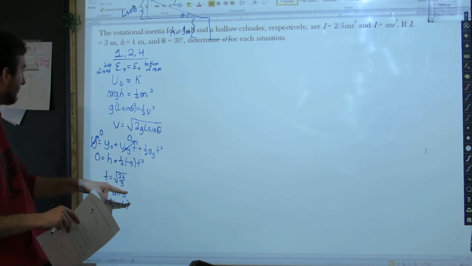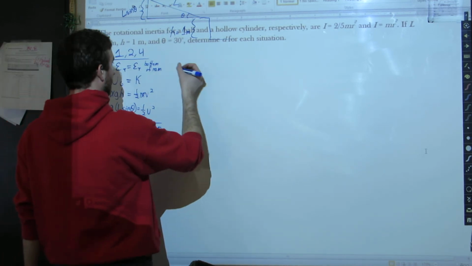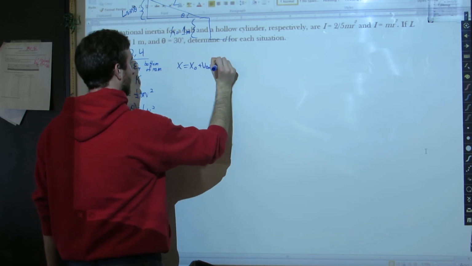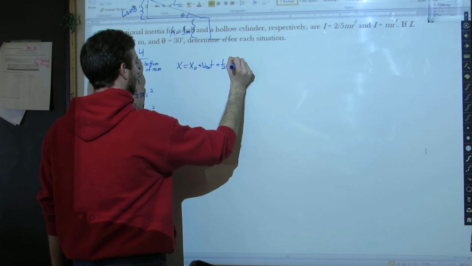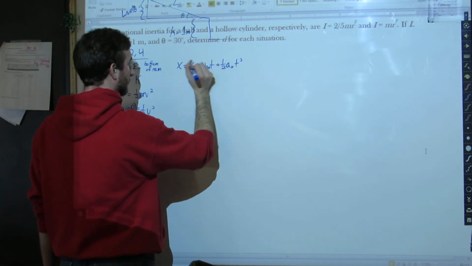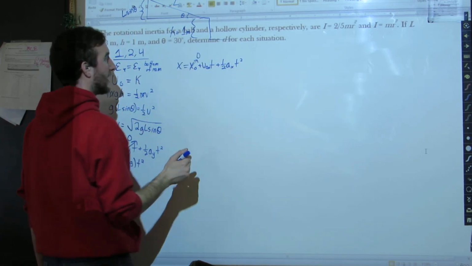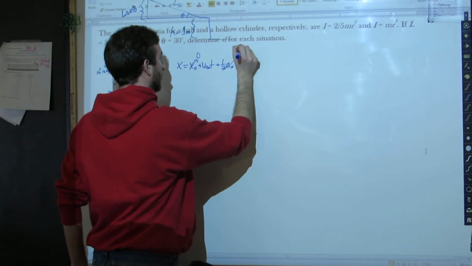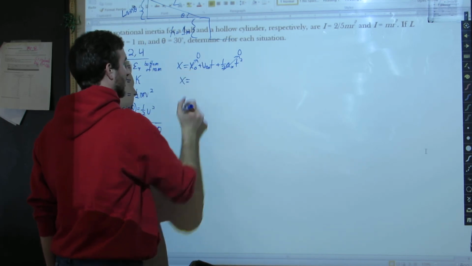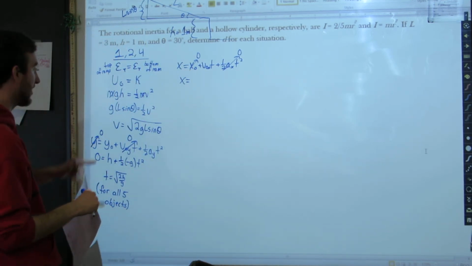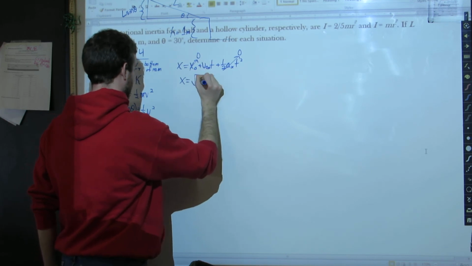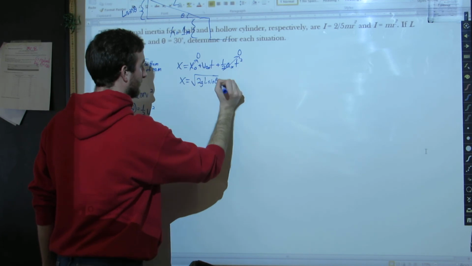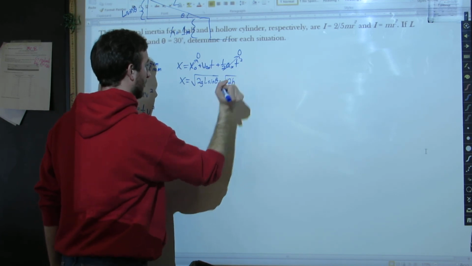Now, 1, 2, and 4 are all going to land the same distance. We have the time, we have the speed. All we have to do now is figure out how far they go. Let's say that they all start at the same position of 0. In projectile motion, objects will not accelerate horizontally once they're in the air. So the position is solely dependent on the speed they have when they get off the ramp, square root of 2gL sine theta, times the time, square root of 2h over g.